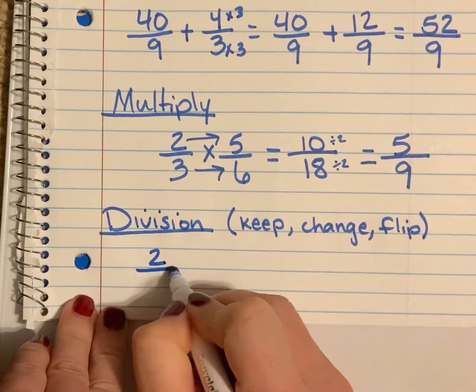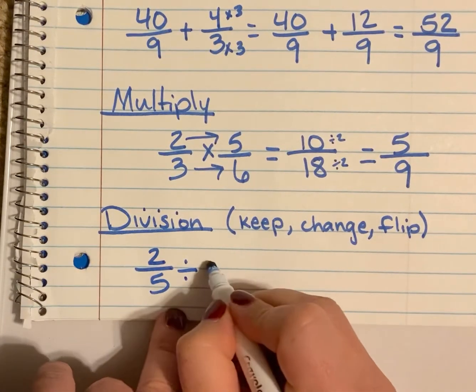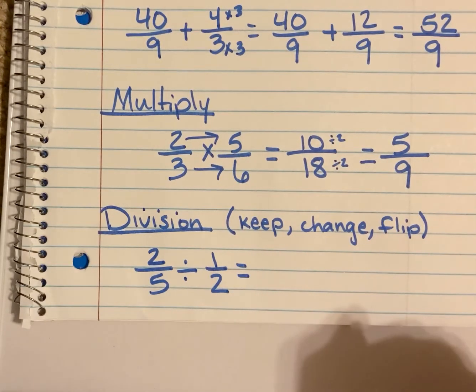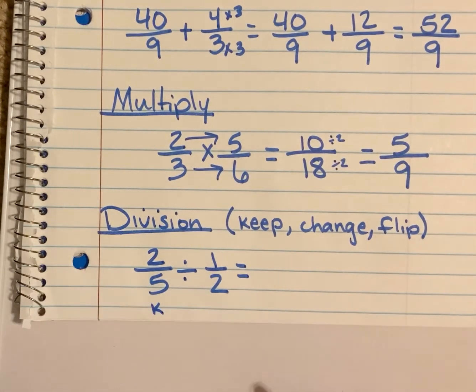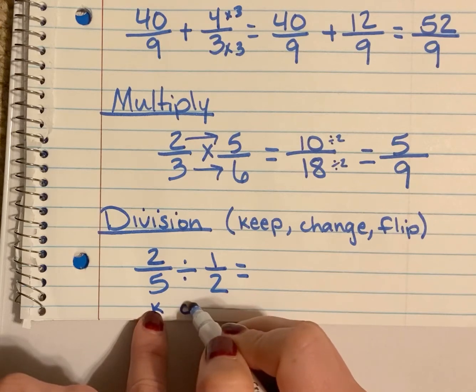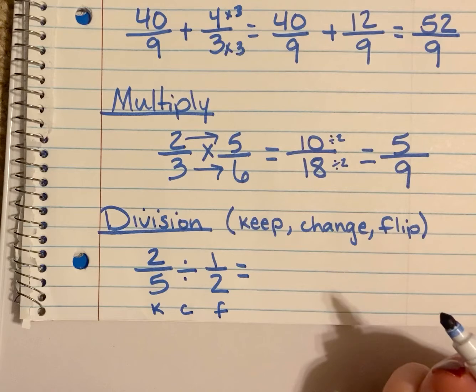2/5 divided by 1/2. We want to see what that equals. We're going to keep the first fraction, change division to multiplication, and flip the second fraction.